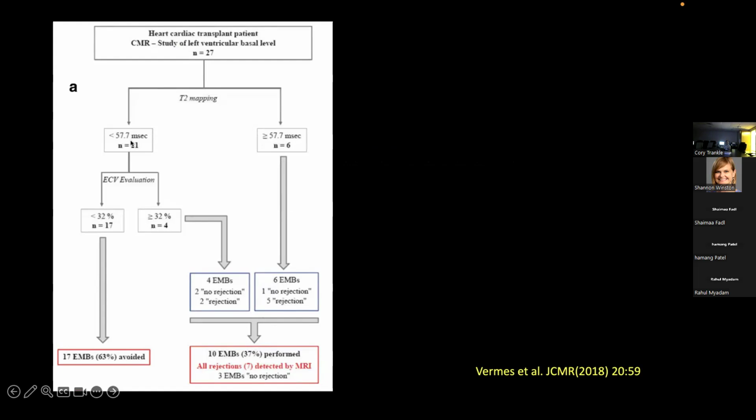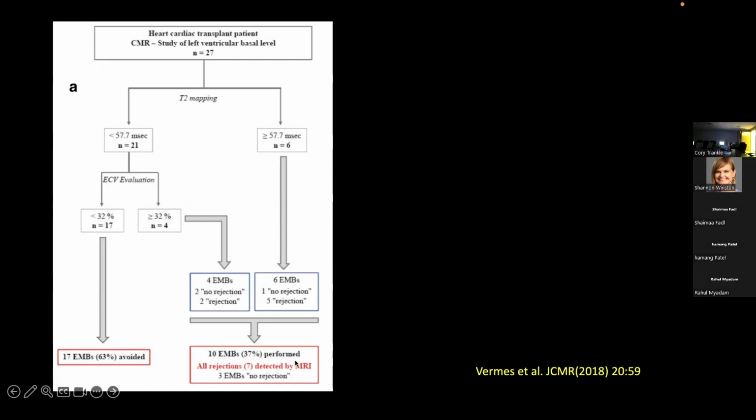Then patients who were less than 57 milliseconds on 1.5 Tesla, they looked at the ECV, and patients with ECV higher than 32% went into endomyocardial biopsies, and 50% of them got rejection and non-rejection. The other patients, who had relatively low T2 values, below 57, and lower ECV values, less than 32%, avoided the endomyocardial biopsies.